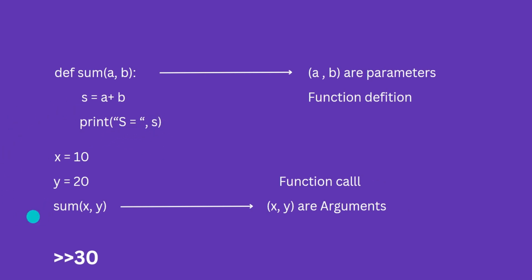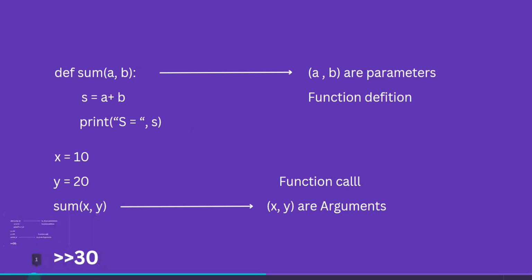Then we are calling the function sum outside the function, and inside it we are putting x comma y, which are arguments. Then x equal to 10 and y equal to 20 are going to replace a comma b, and you will get output as 30.